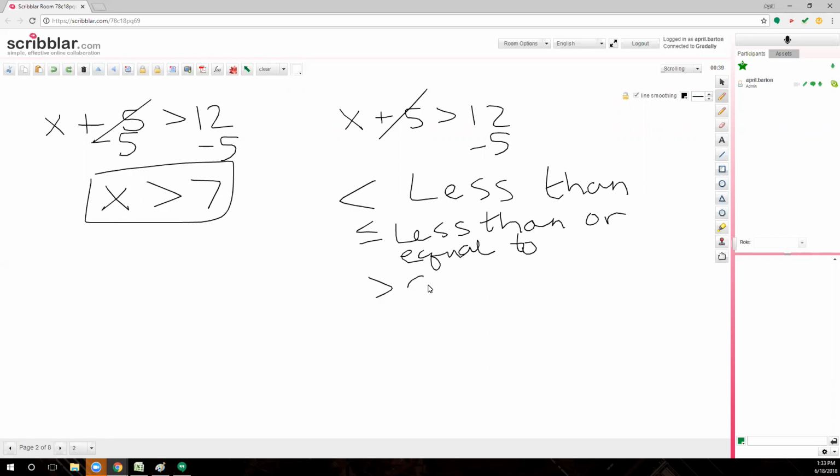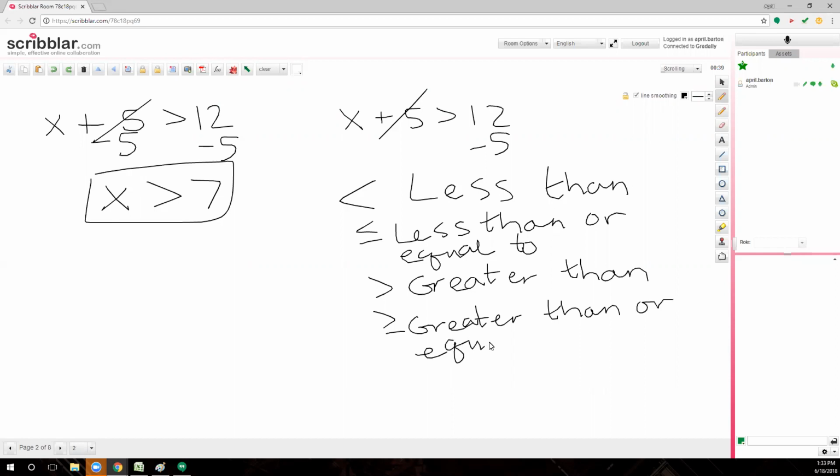Greater than, the open part is on the left side this time. And greater than or equal to has the line underneath again.